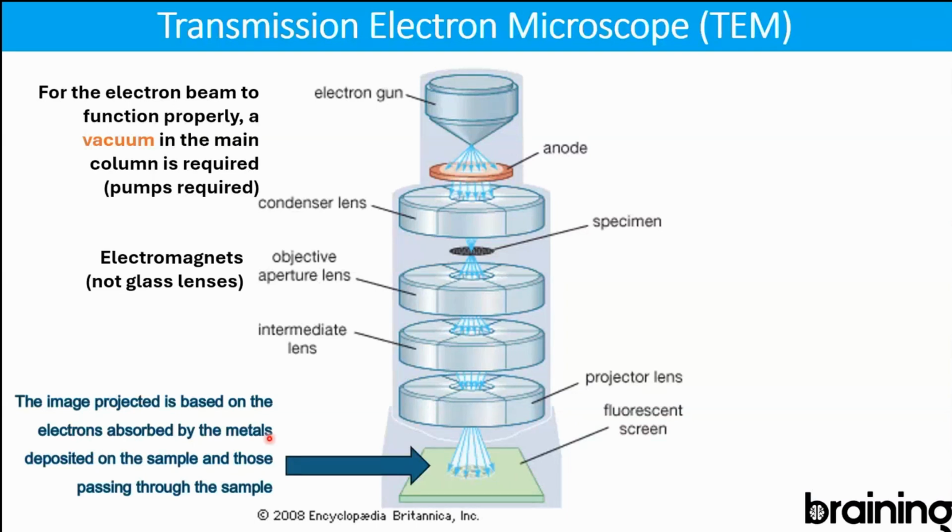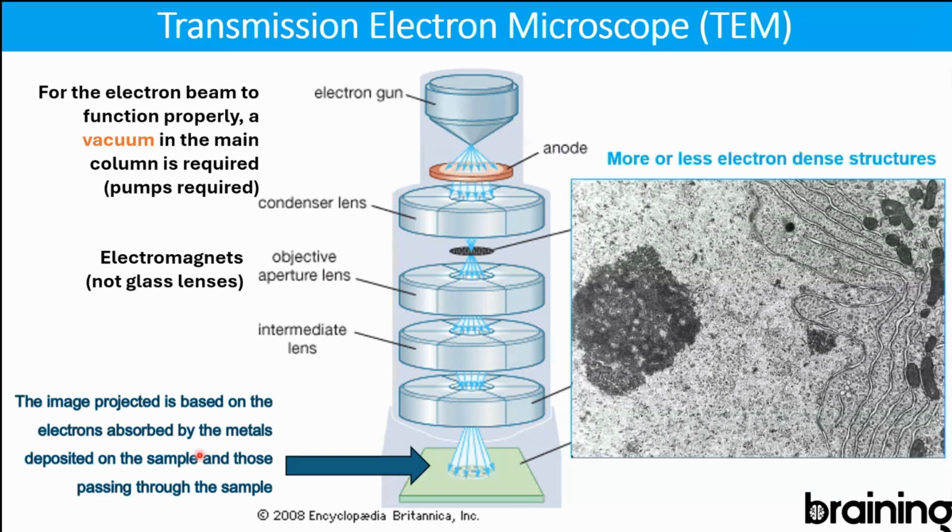Now I'm giving you some clues of what we need to have this image properly, that we're going to go through in the protocol. Okay, so there could be some metals that are deposited on the sample, and those metals are going to be absorbing some of the electrons, and some others are going to be passing through the samples. So we need to have some contrast in your sample, in your sections, to be able to see something.